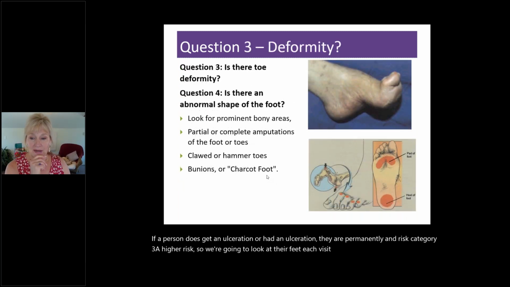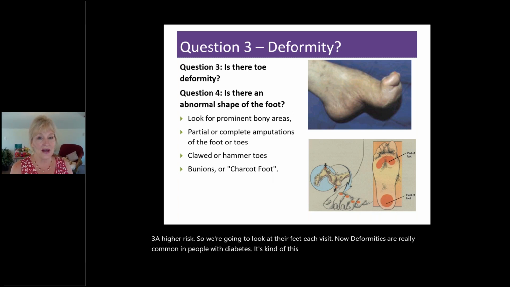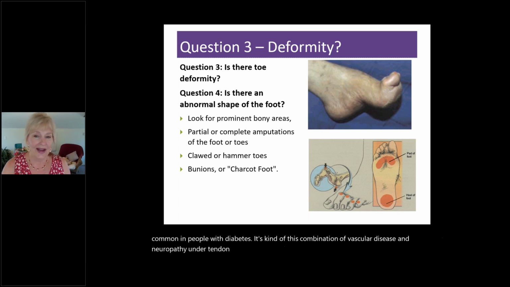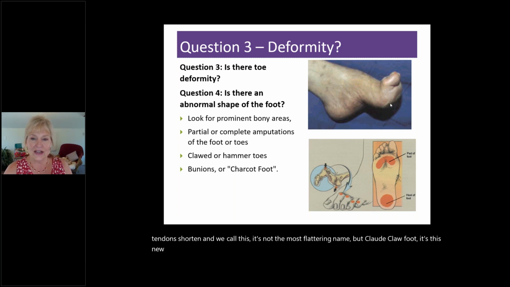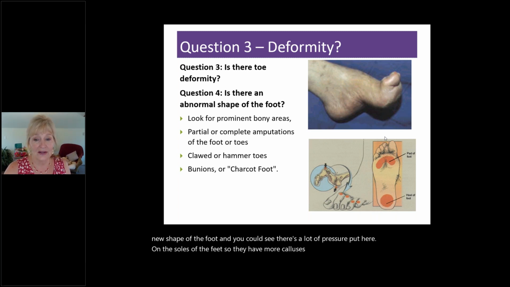Now, deformities are really common in people with diabetes. It's kind of this combination of vascular disease and neuropathy and their tendons shorten. And we call this, it's not the most flattering name, clawfoot. It's this new shape of the foot, and you can see there's a lot of pressure put here on the soles of the feet, so they have more calluses. Their hammer toes rub on the top of the shoe.